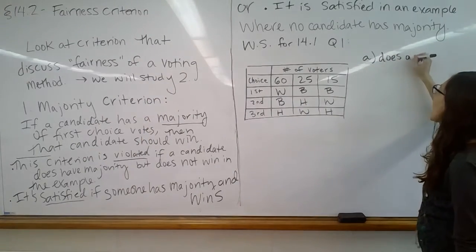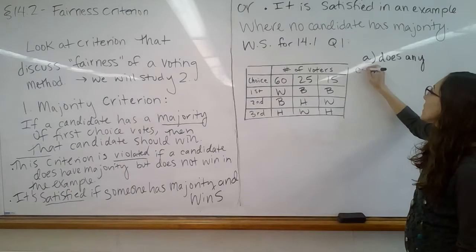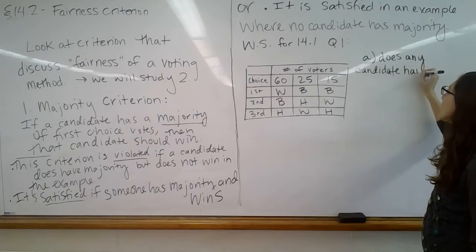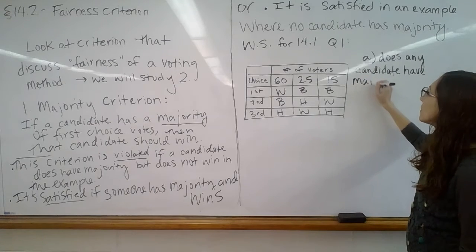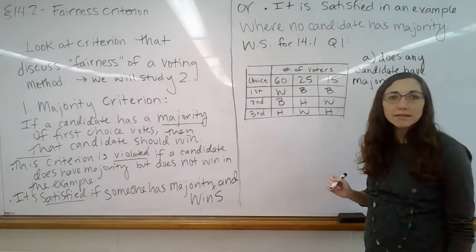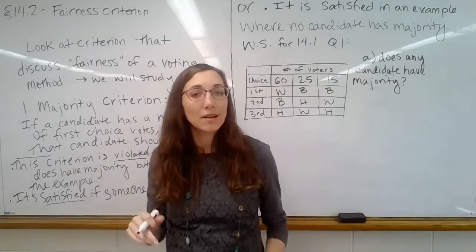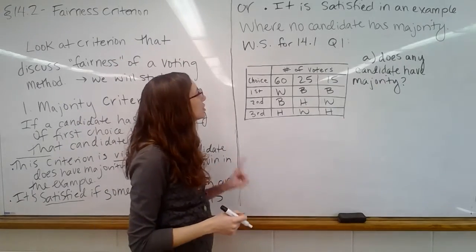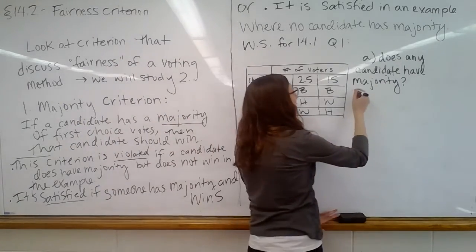Well, to answer that, we'd have to know what is majority. Now again, remember, majority is something very specific. It's not just most, it's more than half. So we would first need to know the total number of voters.